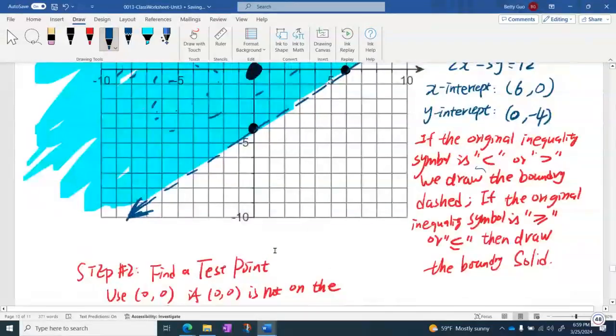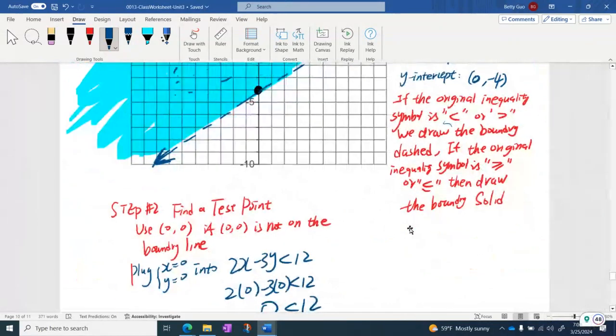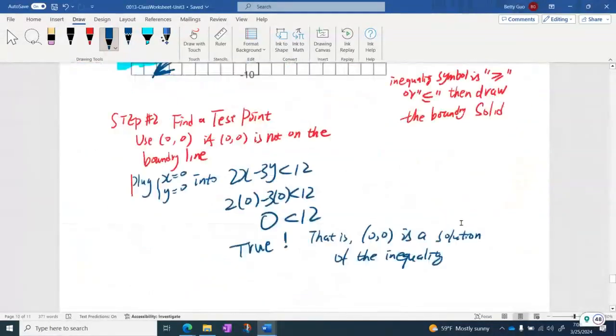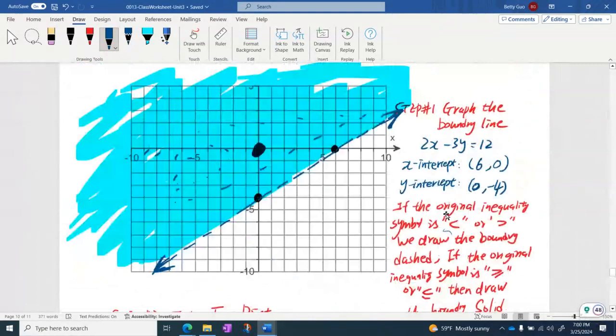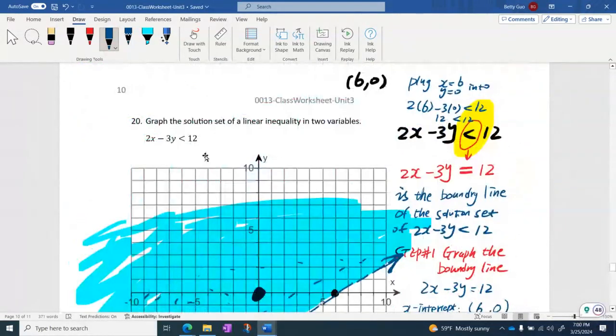It's a pretty long process, right? Let me summarize in case you got lost in the middle. I wrote the steps in red. How do we graph the solution set of a linear inequality in two variables?